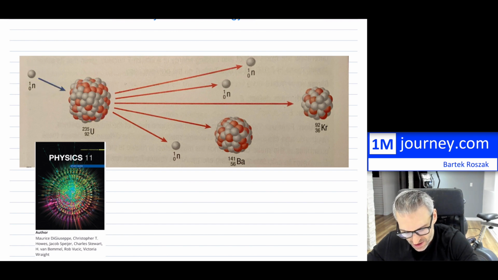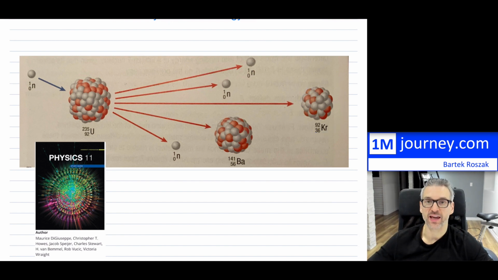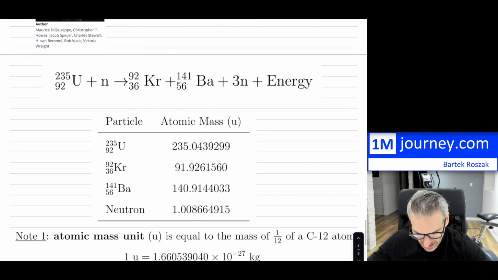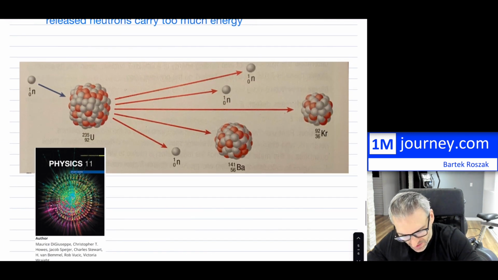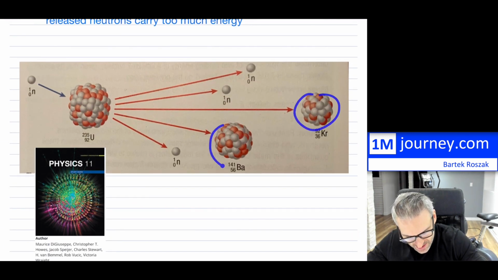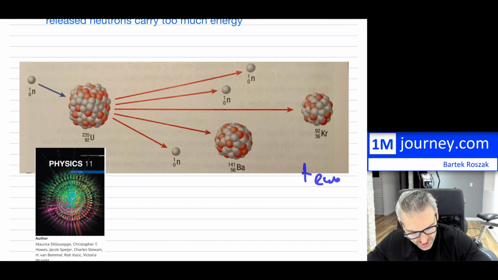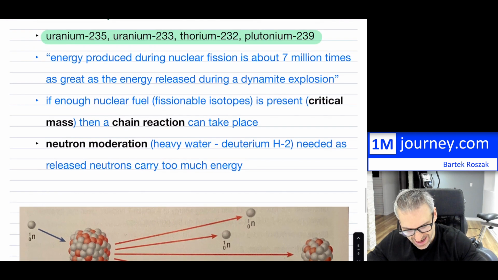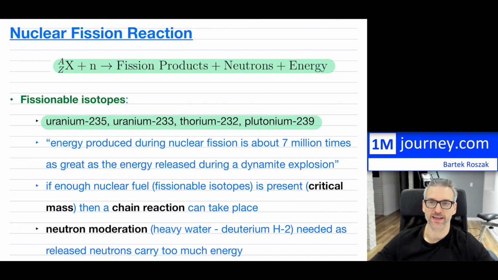What happens is it gets broken down into, in this case, barium and Kr. Within these two processes, notice that neutrons are also released, and of course there is energy as well. So that captures this entire process that we see right here.